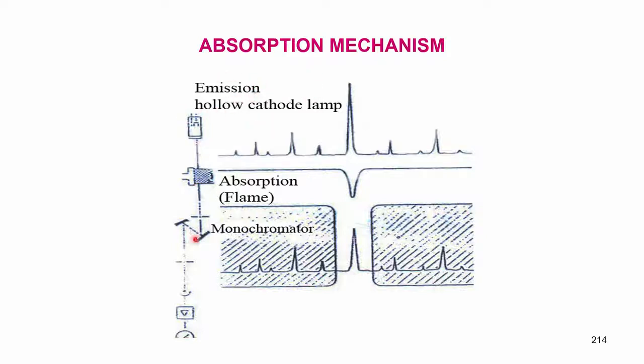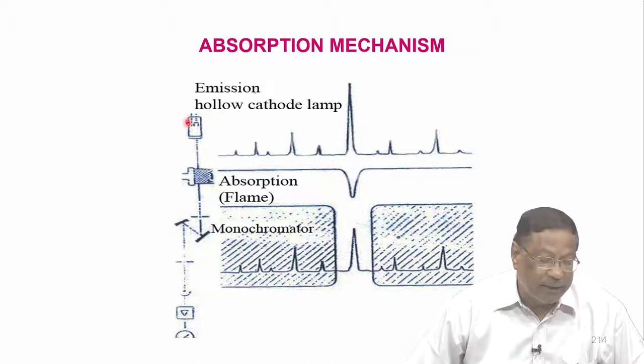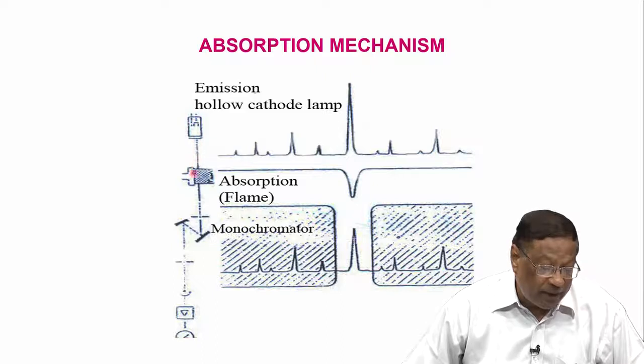So, this is how the absorption mechanism occurs. Look, I have drawn the atomic absorption schematic diagram on the left side here, and on the right side I am drawing several optical features. What I have on the left side here, look at the signal here. I have a hollow cathode lamp, I have a flame burning this side.